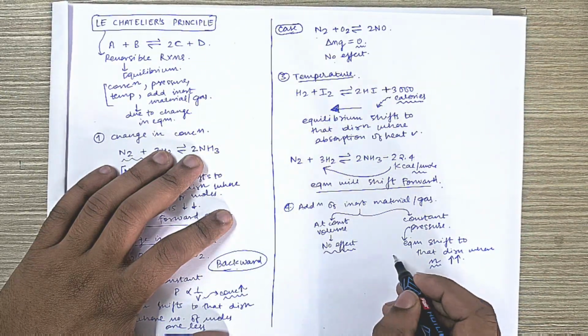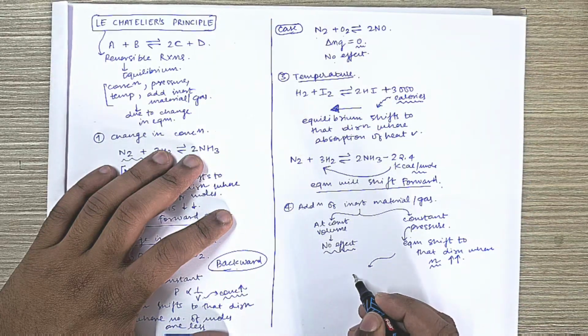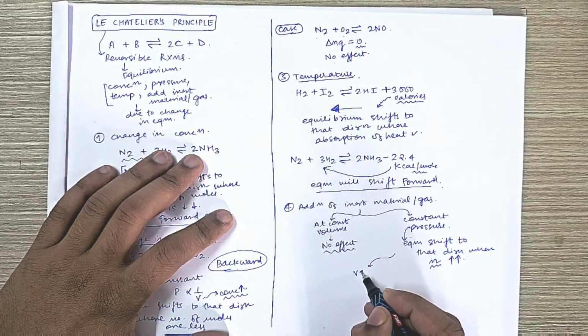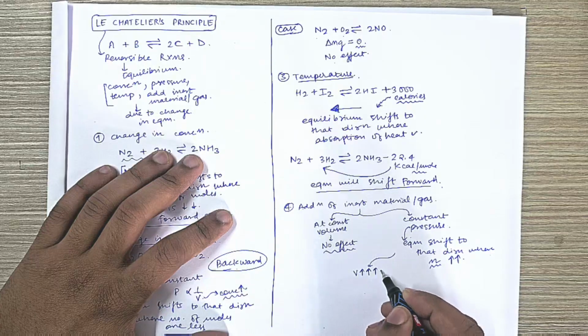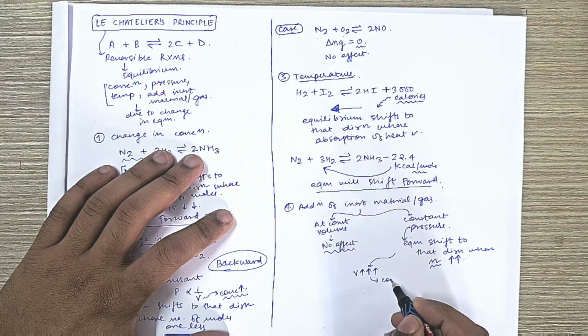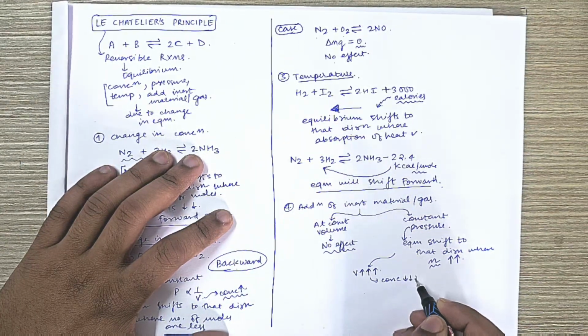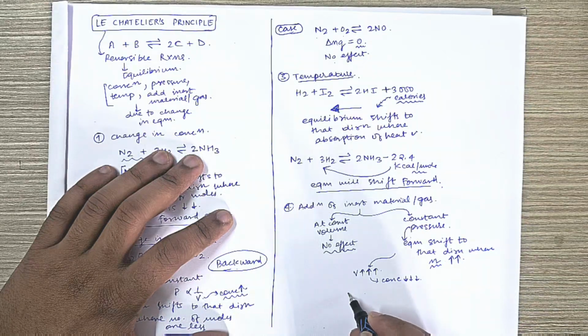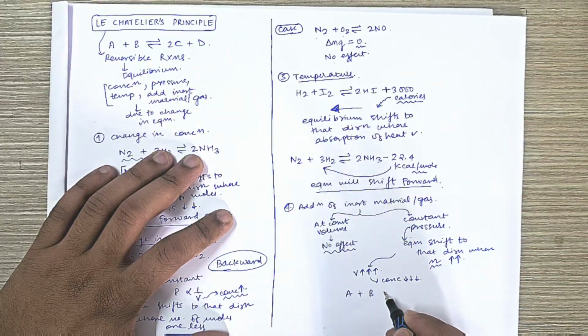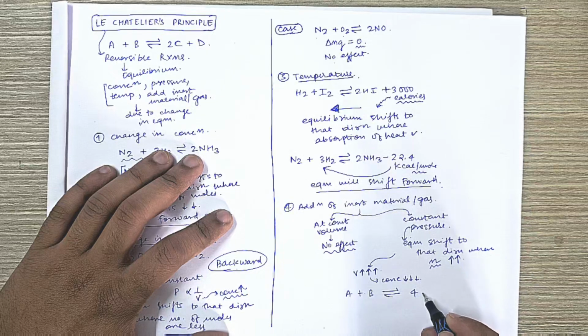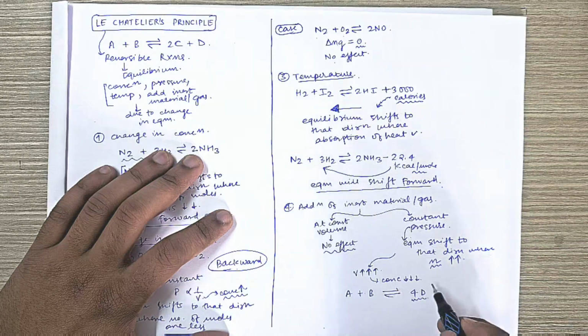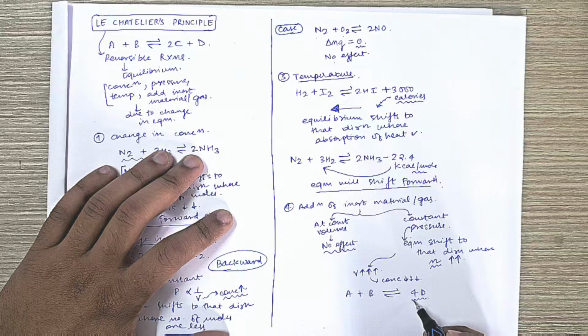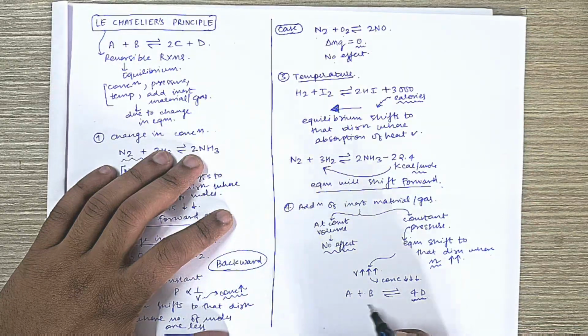Let's see why it is happening. When you add the inert material, the volume will increase, right? The volume will increase, and this leads to a decrease in concentration. So when you see a reaction, let's suppose A plus B gives 4D, right? So these are 4 moles. When you add the inert material, the volume will increase, and this will lead to a decrease in the whole reaction.